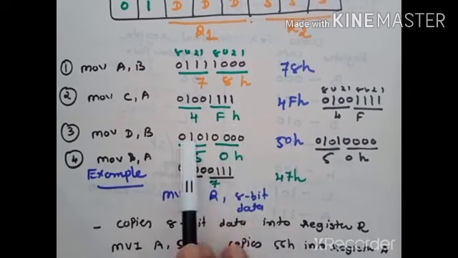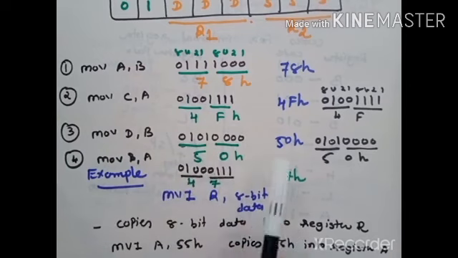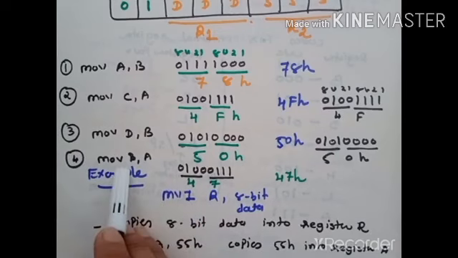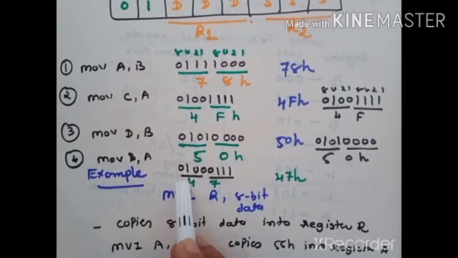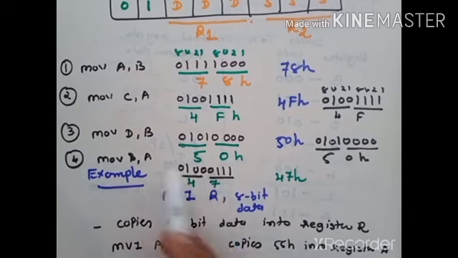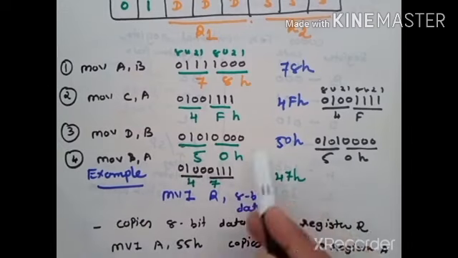Then according to 8421, it is 50H. And for the instruction MOV B, A, again 01 is fixed, B is 000 and A is 111, that means 47H.